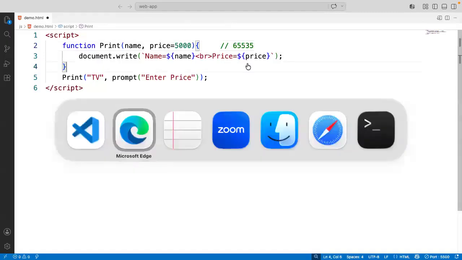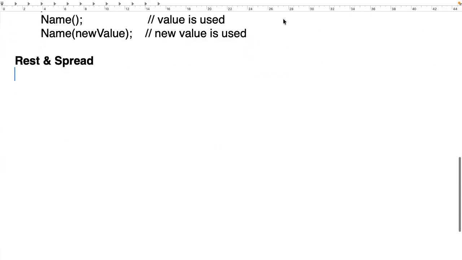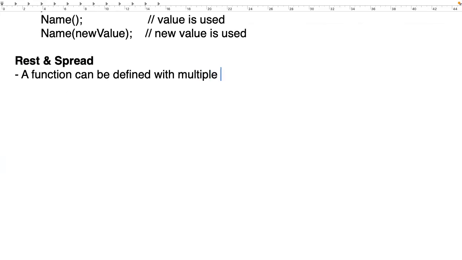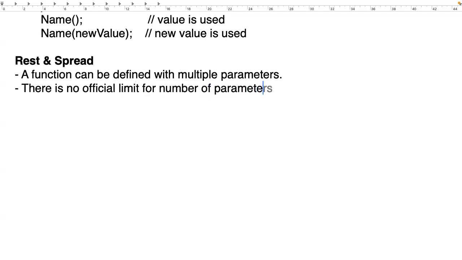So, what is the point here? Let's see what the concept is. First, a function can be defined with multiple parameters. There is no official limit for the number of parameters.